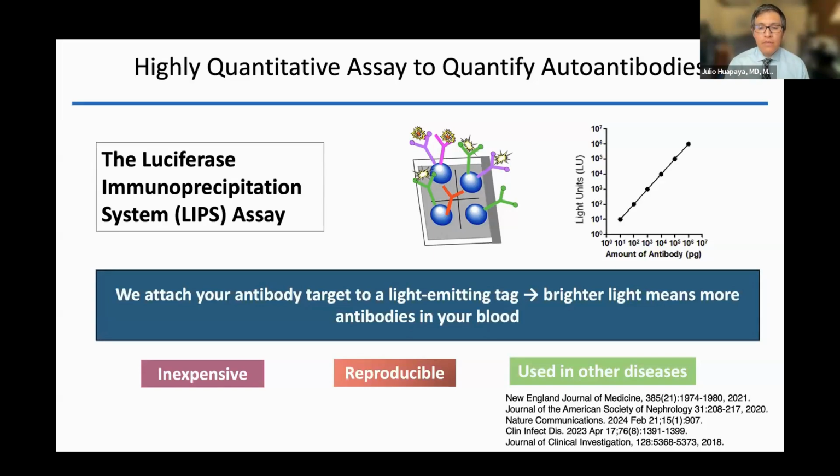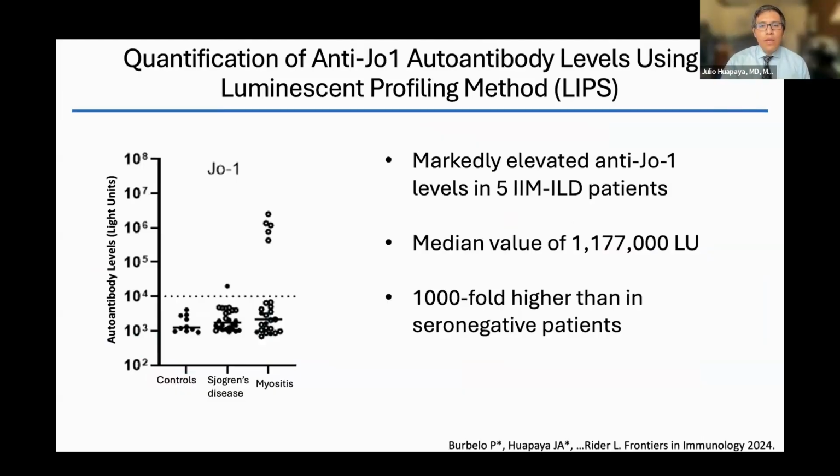Here I have a list of high impact factor journals where Dr. Peter Burbelo has published how he has used this assay in multiple diseases with really great results. When I met with Peter Burbelo two or three years ago, we decided to start looking into this, and he is able to construct the tools that are necessary to identify each antibody.